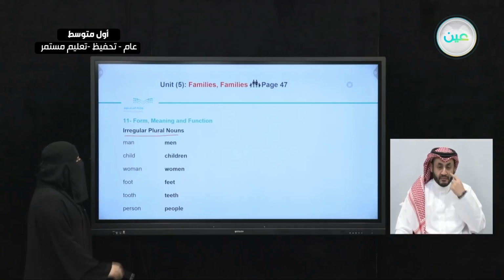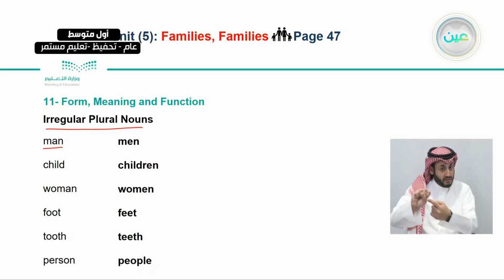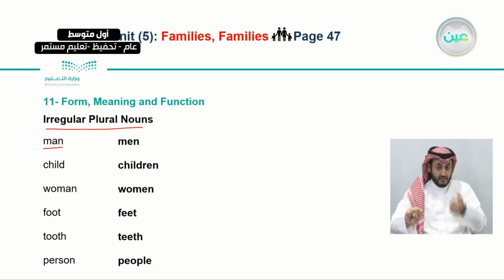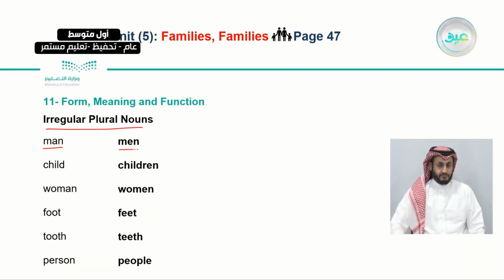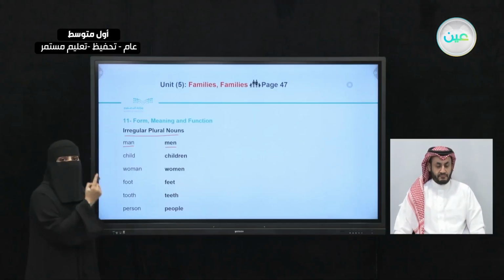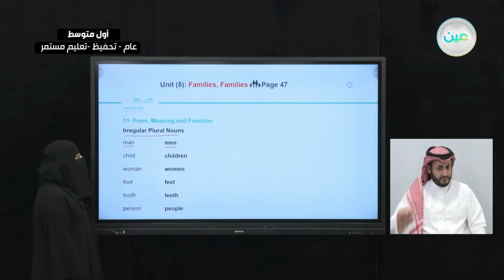Have a look at this word here, man. In order to make it plural, do I add S? Not at all. The entire word changes into men. Man, men. So if I'm talking about one man, man, right here. Two or more, two men and more. How about child?